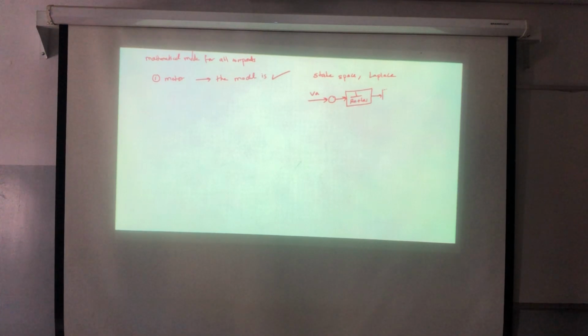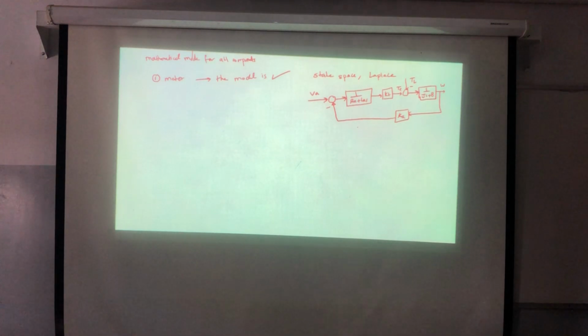Here we call it KT. This will be the TE, and this will be T load. Then we have the swing equation, 1 over JS plus B, and this will be omega. And if I multiply this by KB, this will be the back EMF.